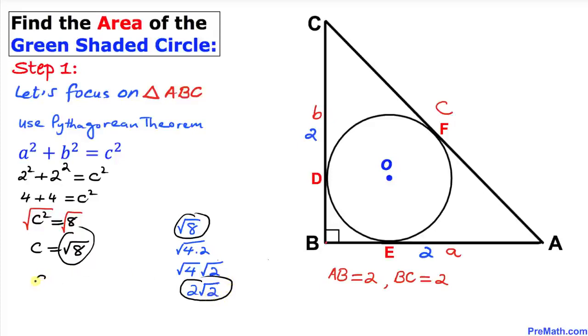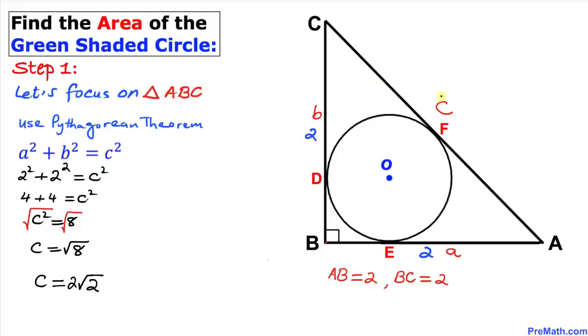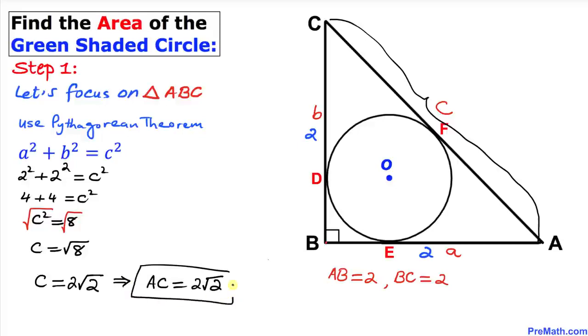So I can write this c equal to 2 times square root of 2. And we can see that this side c is same as this distance AC. So I can write this one as AC equal to 2 times square root of 2.